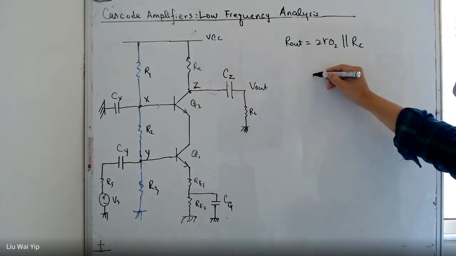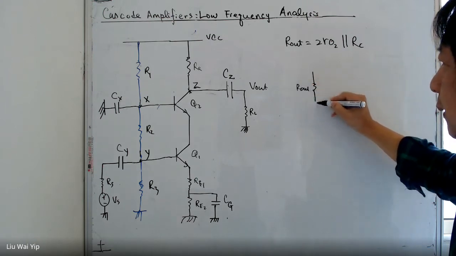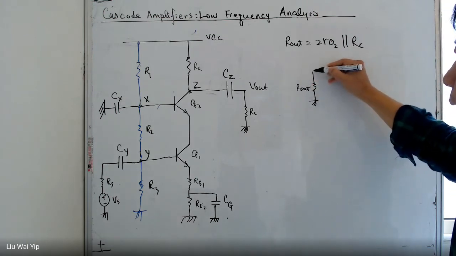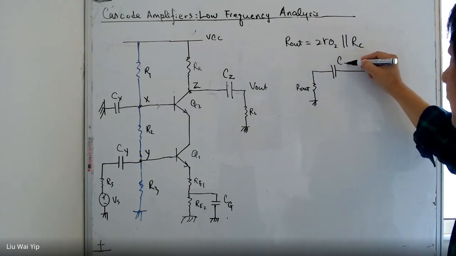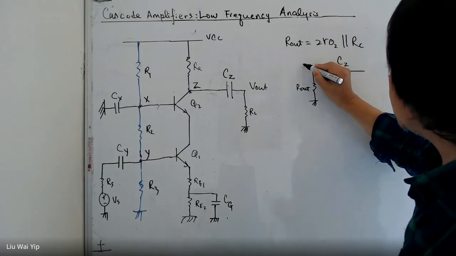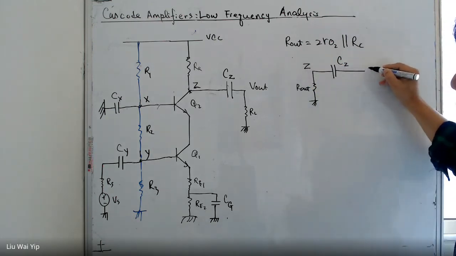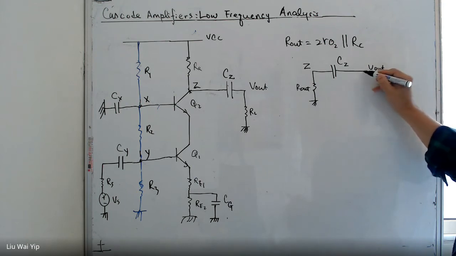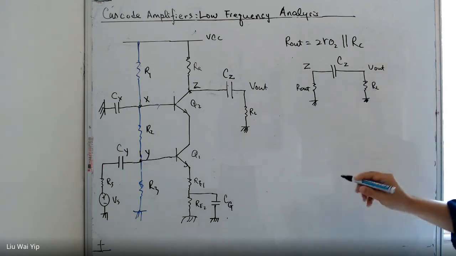We have RO here, and we have a capacitance here, CZ, and we have RL.